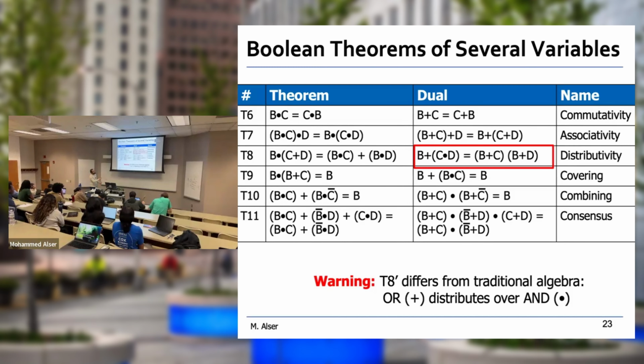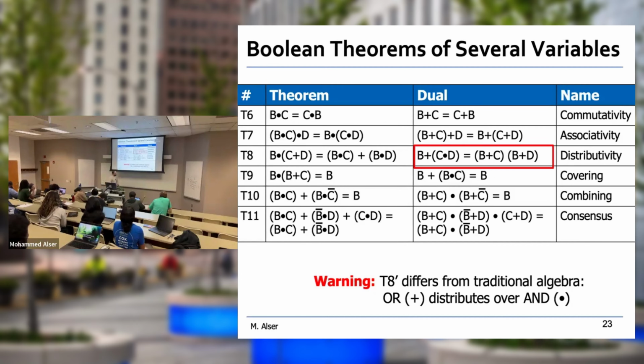So we have the B and B bar distributed over the C and D, and those values will have no effect except for the value of B. So it really depends on B, but not on C and D together. One of them will cancel one part, one of them will keep the other part, because we have B and the B opposite.